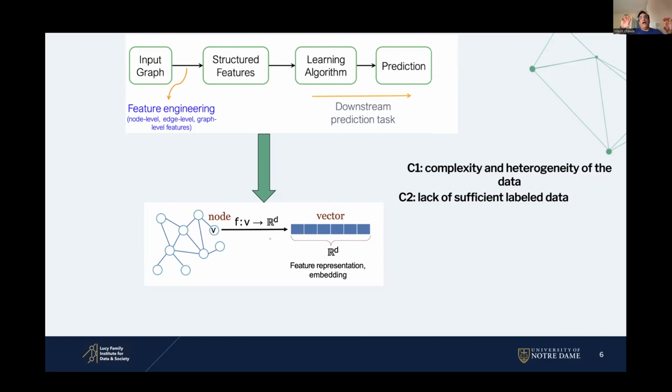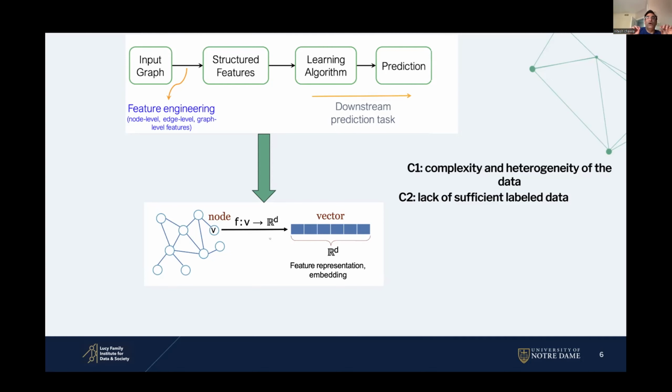Imagine the graph is essentially like a sentence, a language that's being represented by a graph. I could then flatten it out and say the nodes that are connected to each other are like words that occur in a sentence together as part of a language representation. I can now apply similar concepts as Word2Vec and do representation learning on these graphs, which will then give me an embedding or a feature representation.